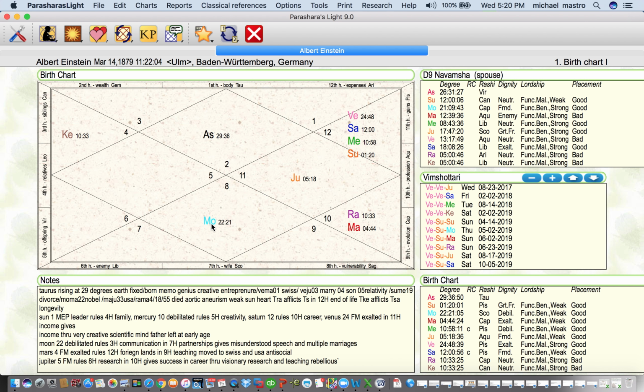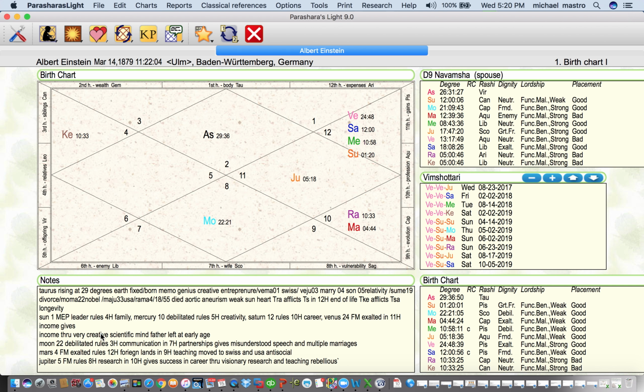So Moon can also be wife, and I think his first wife helped him a lot in the theory of relativity. She was also a physicist, a scientist. And quite beautiful as well.